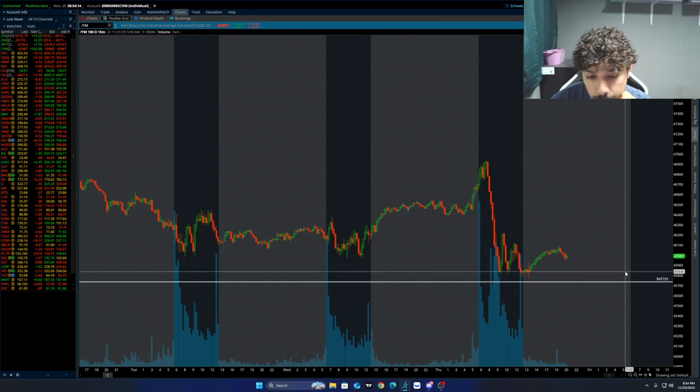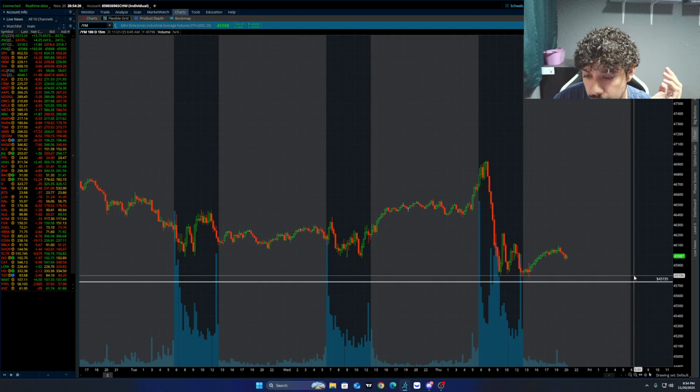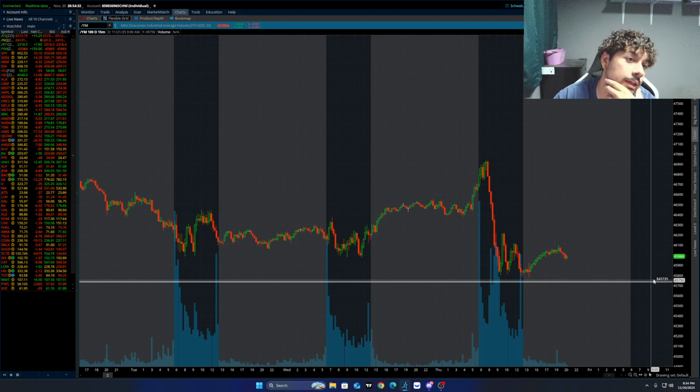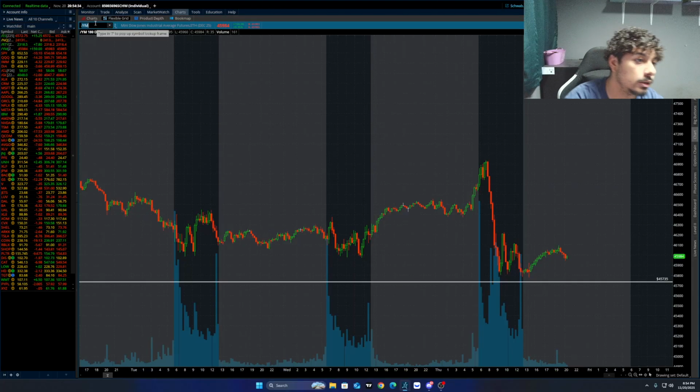Who knows? My entry would be anything below this right here. If we take a look at pre-market low and today's low intraday, we see that it can't break below that 1 point, which is where my cursor is. So my guess, anything below is a short, anything above is a long.